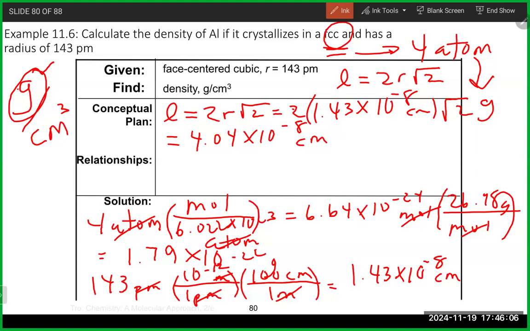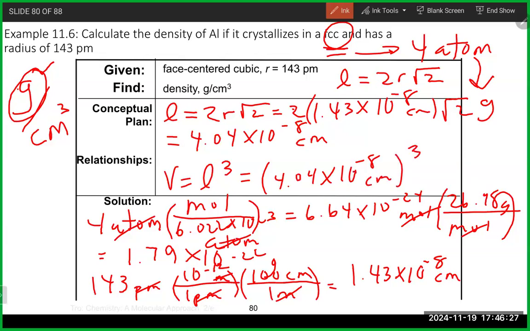Now, again, that is the length, and we do want the volume in this case. So the volume would be our length cubed. So we're going to take that number we just got, 4.04 times 10 to the minus 8 centimeters, and we're going to cube it.